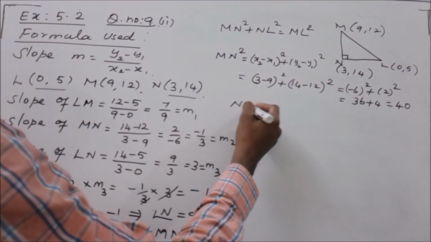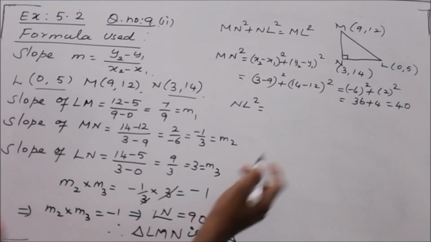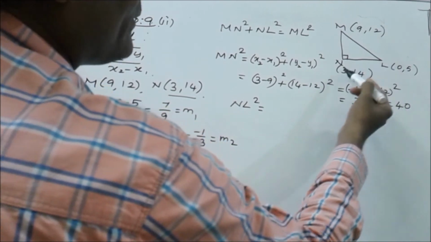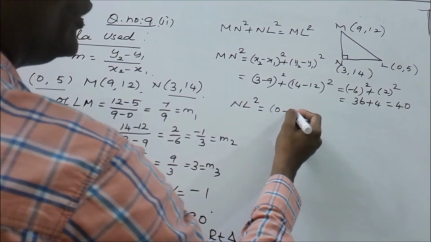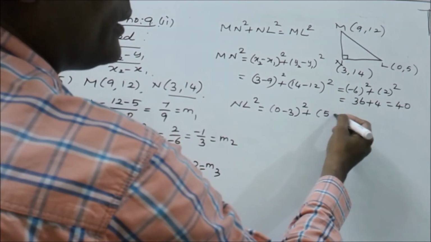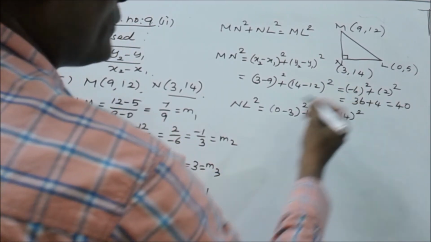Then NL square: take N and L, substitute the same formula, (0 minus 3) whole square plus (5 minus 14) whole square.